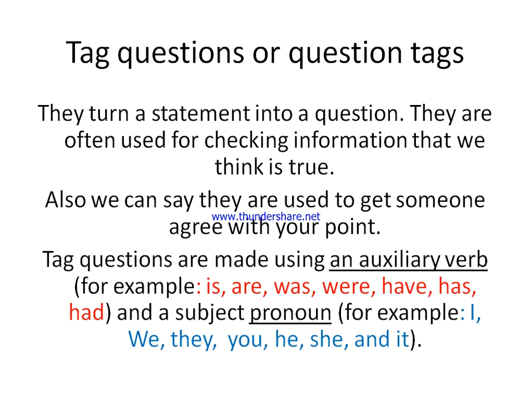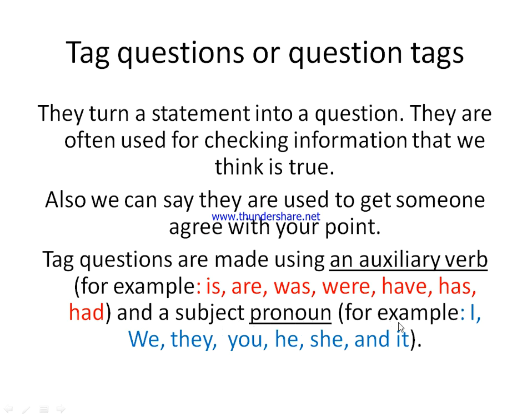How do we form these question tags? Tag questions are made using an auxiliary verb. We can form the tag question by using the auxiliary verbs, for example, is, are, was, were, have, has, had. These are auxiliary verbs that we can use in forming question tags, and not only auxiliary verbs but also subject pronouns.